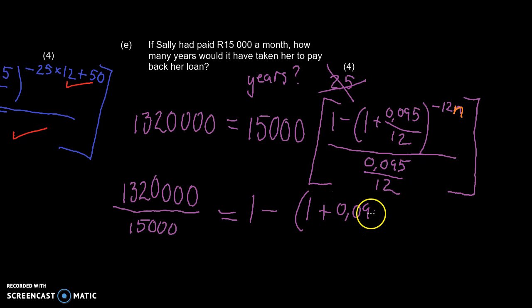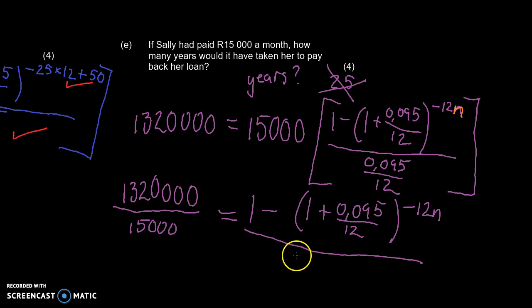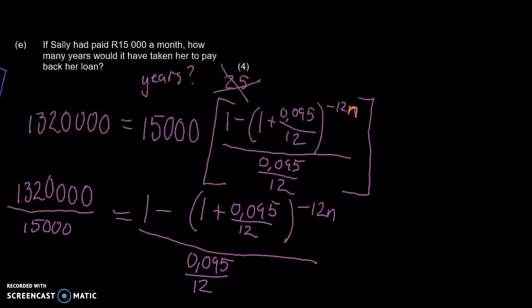But you must expect logs to come up in a financial maths question. There will be one somewhere hiding. If you haven't found it, then more than likely you've missed it. Oh, darling, dearest, I have gone very skew over here. If only I could be more straight.